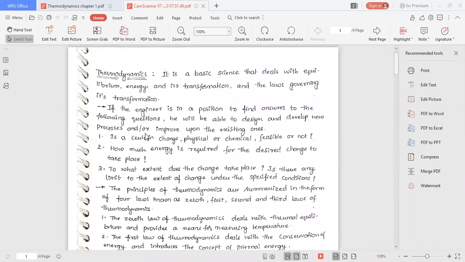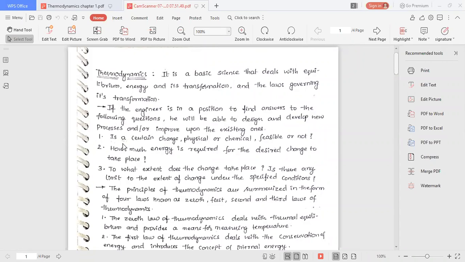And here some questions are given, 2, 3 questions. Why does an engineer need to know the answers to these 3 questions? Because if he knows the answers, he can design any idea, or he can modify the present idea.